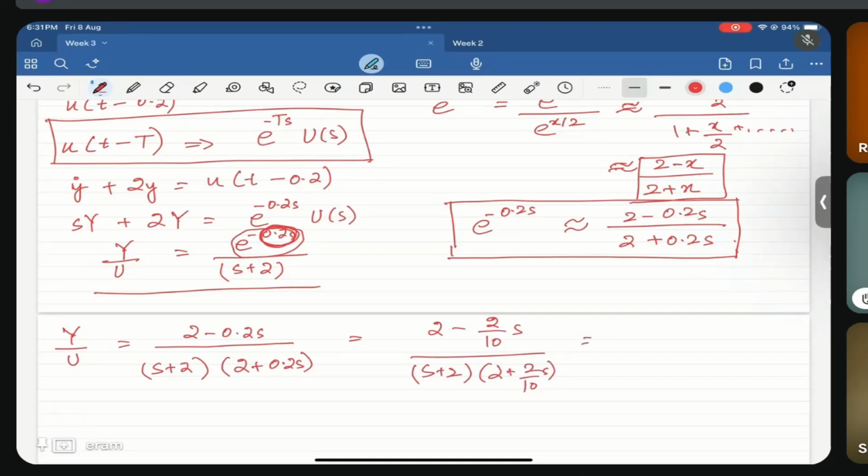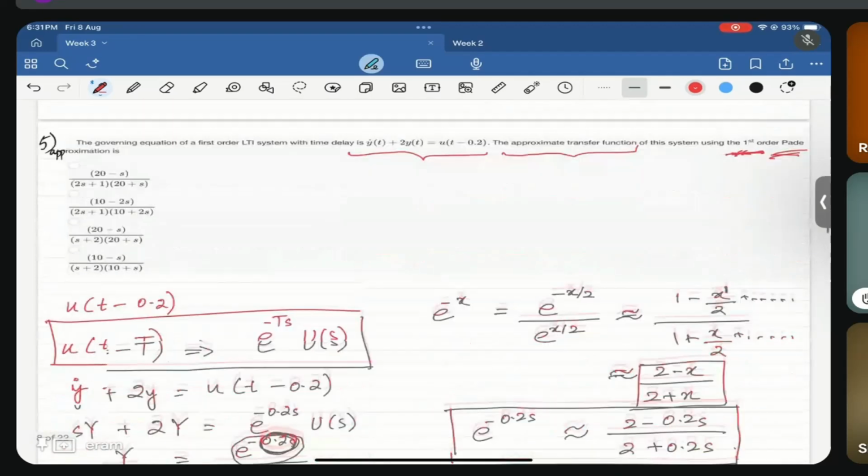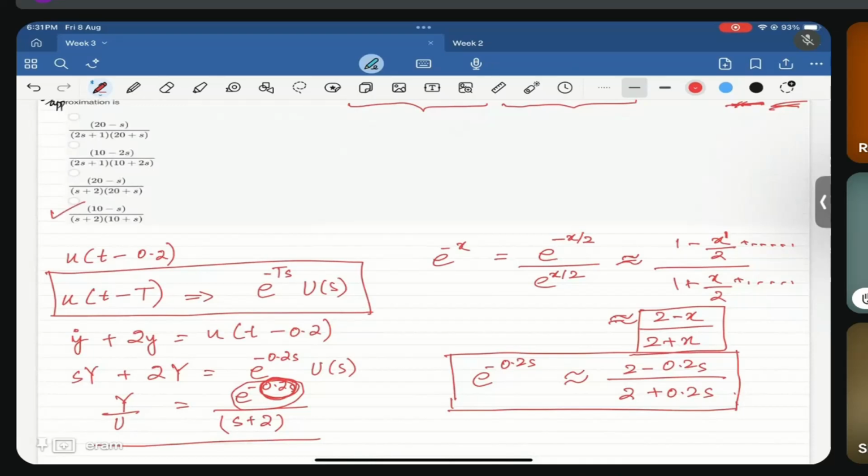First we can cancel out the factor of 2 from the numerator and denominator, so we'll be left with 10 minus s over s plus 2 times 10 plus s. So it is 10 minus s. So option D, we are getting option D.